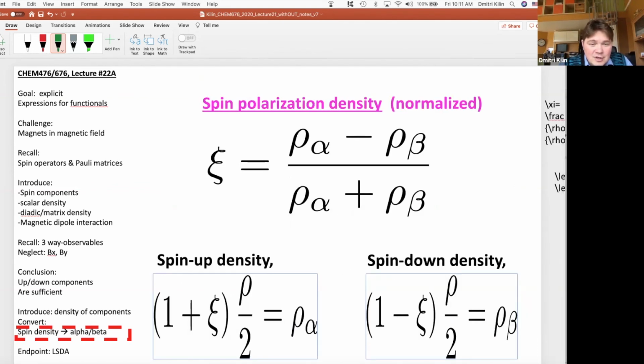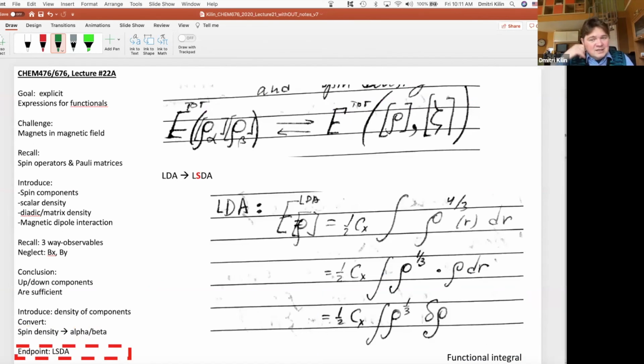Now, here is the summary. If one defines this spin polarization density, one can use it to reconstruct back the alpha and beta projections. After that, one can assume that for alpha and for beta, the dependence of energy on density will be absolutely the same. We just need to add them together.